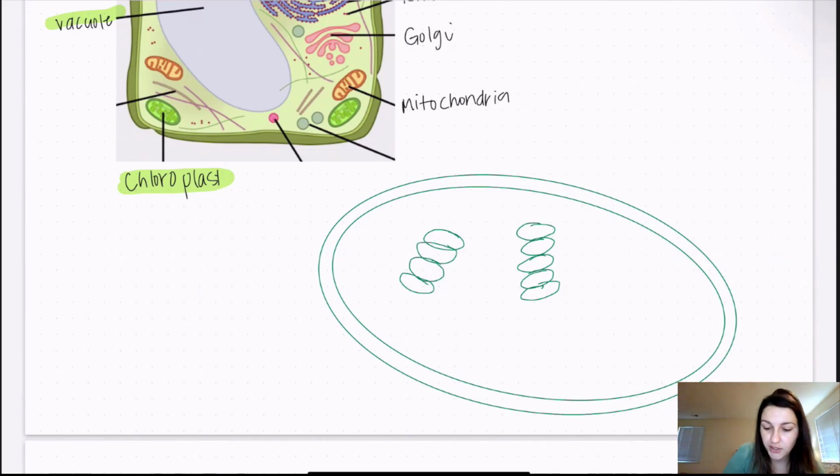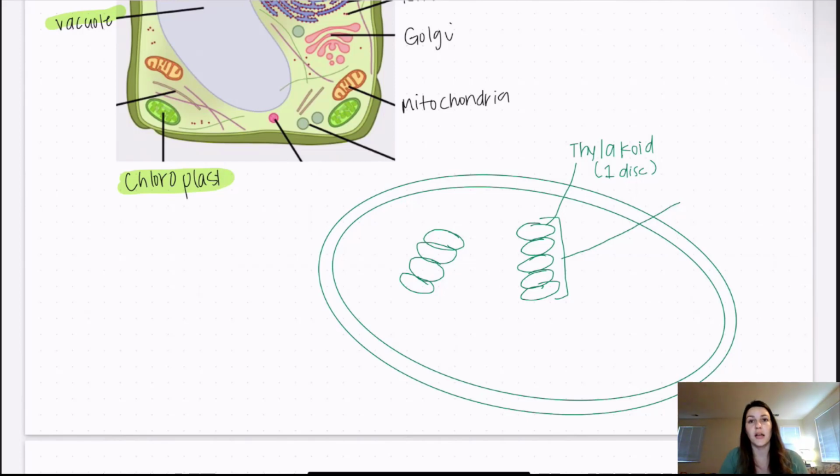Okay, so each of those discs is called a thylakoid. That's just one disc. Thylakoid, that's one disc. All of these discs, like in this stack, that is called a granum, one granum. A bunch of them would be called grana. Okay, so this is called granum, or the plural, if you have lots of stacks, is called grana.